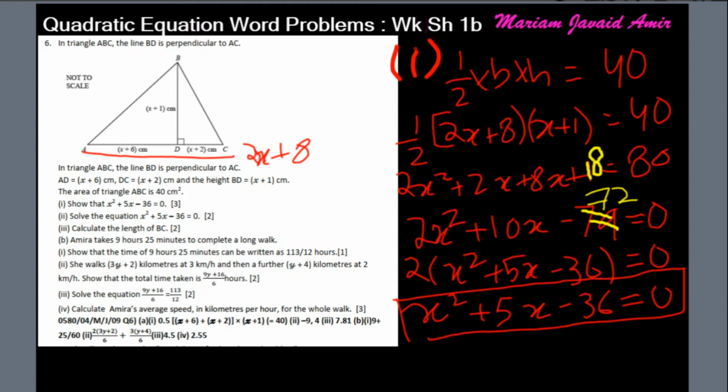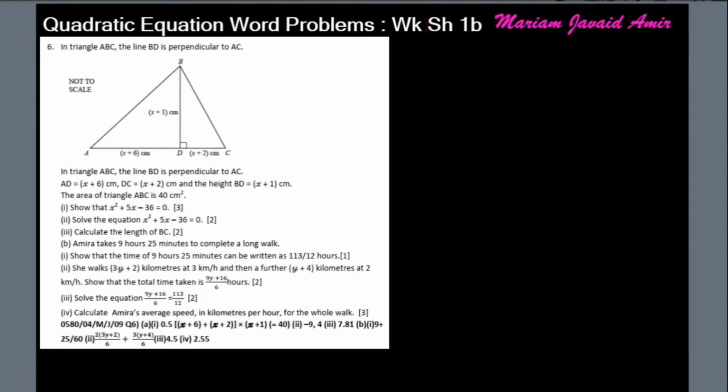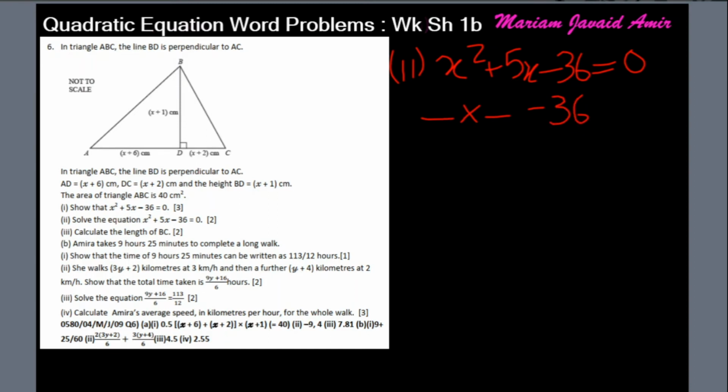In part 2, we have to solve the equation we had just derived. So we'll be applying factorization. Middle term breaking: we're looking for two numbers which when multiplied should give minus 36 and which when added should give 5.